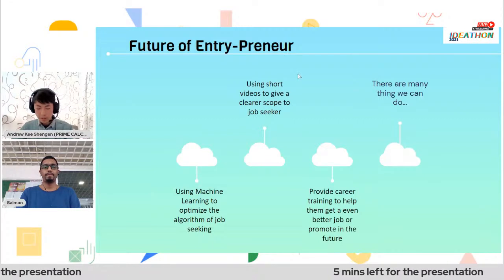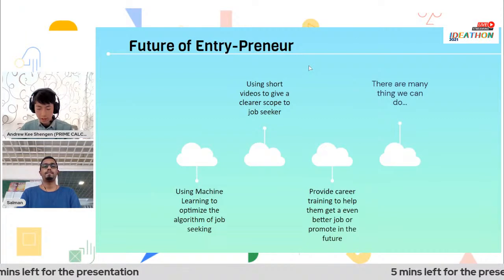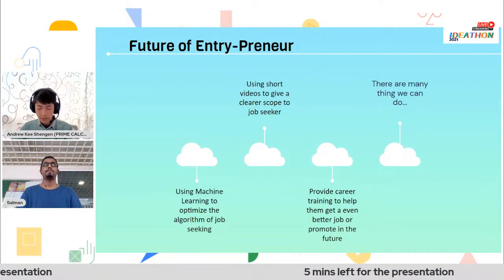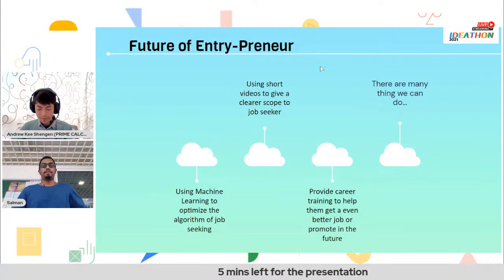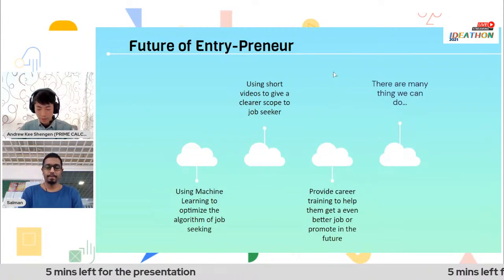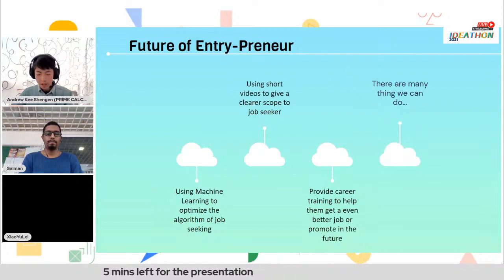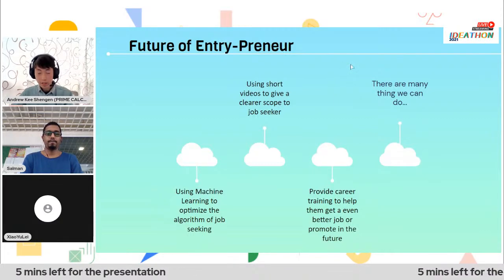As you may know, short video platforms such as TikTok are quite popular recently, and we want to use this to help them understand the situations and goals of their industry and company better. What's more, we want to provide them with career training too. We won't charge them until they finish the course and get a job. We hope to use this to give them a brighter prospect and open up their concealed abilities.